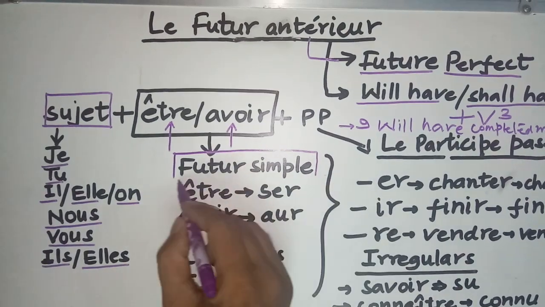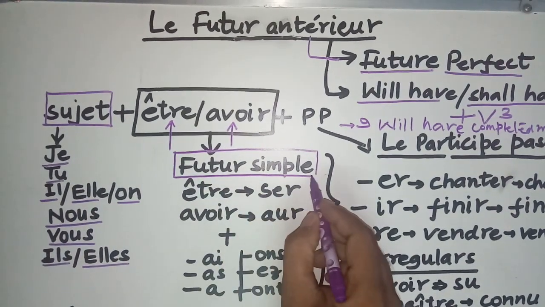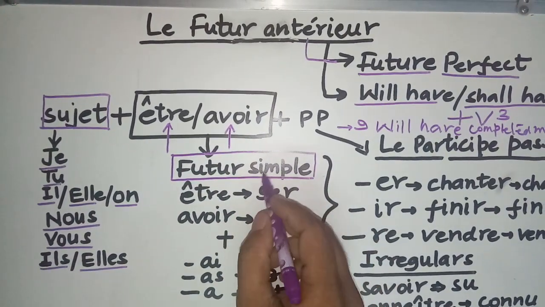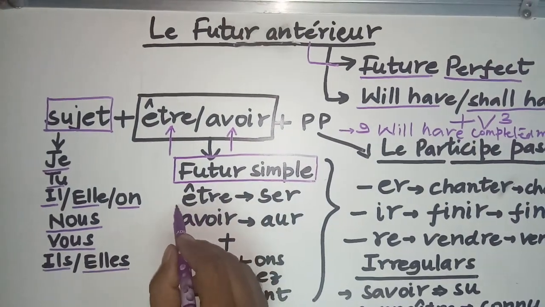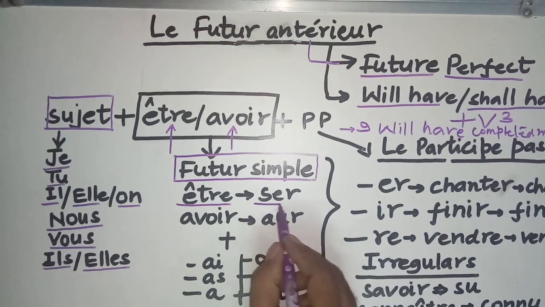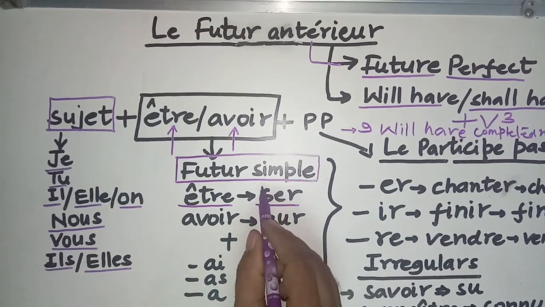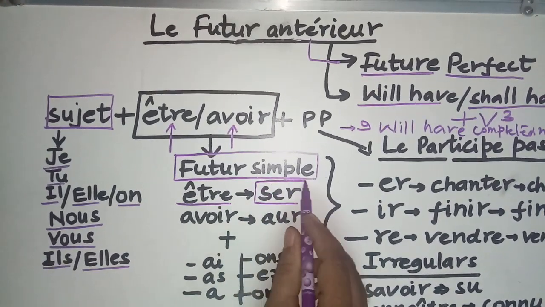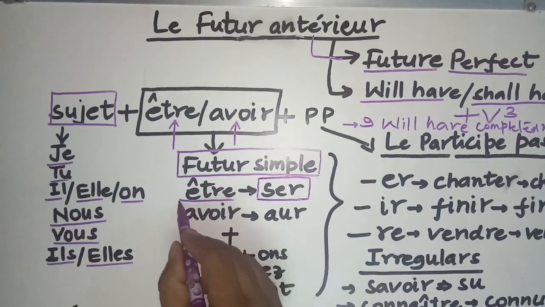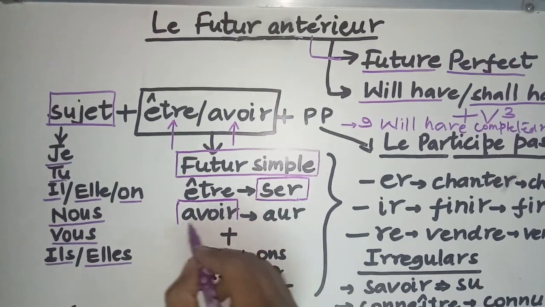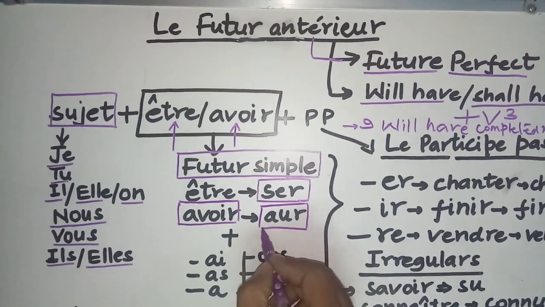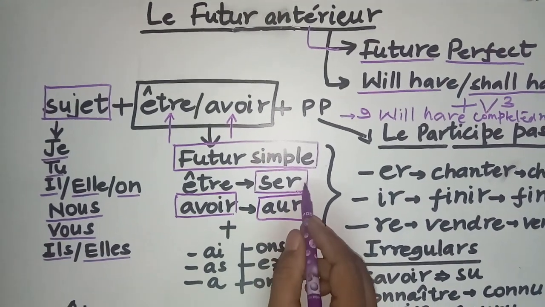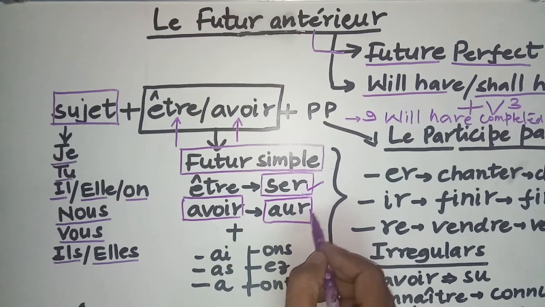They will not be in present tense, they will be in future simple tense. And how to do it, I have written it here. Être will be done as ser. So ser is the stem of être, and for avoir, the stem is aur. So this is the stem of the future simple.